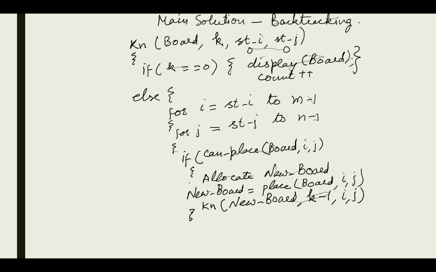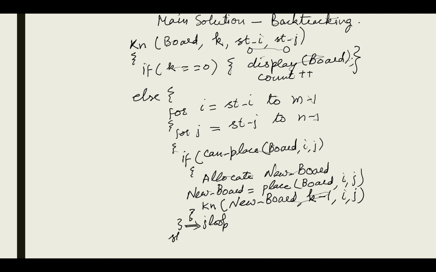After that, the new call is given to the function, and when it returns back our if condition completes, then this j loop will complete. So this is the end of the j loop.